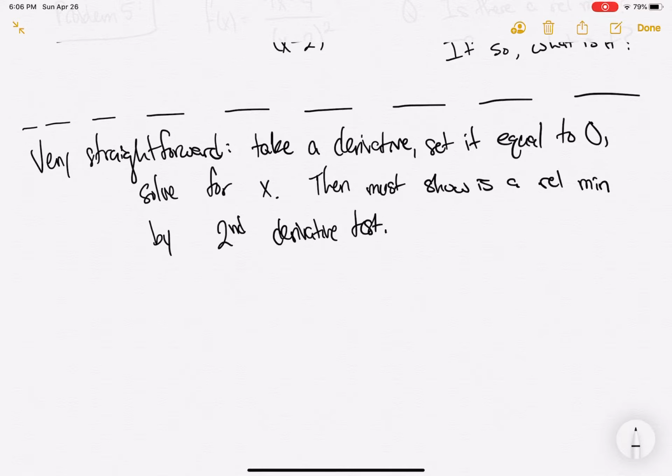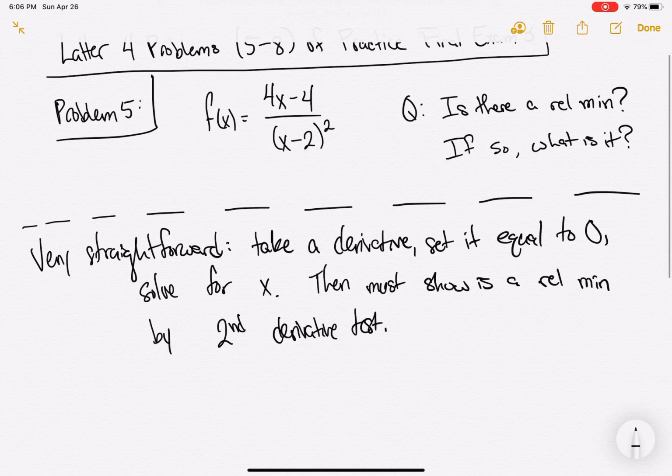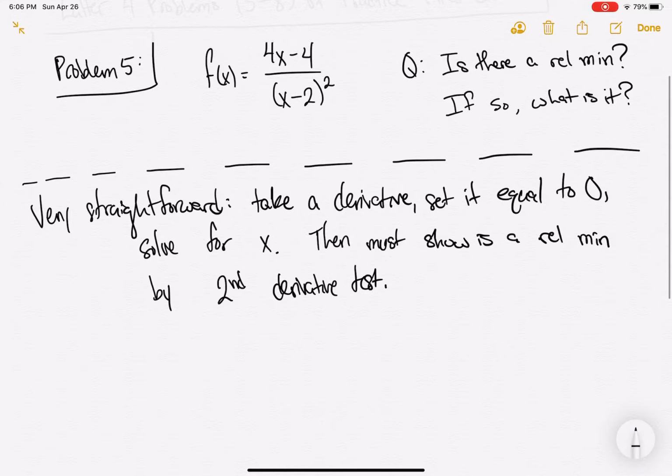It also works to do increasing or decreasing intervals. That also works. I really like the second derivative test better. It seems to be quicker in a lot of cases. So we need f double prime of the critical point to be positive for a relative min.